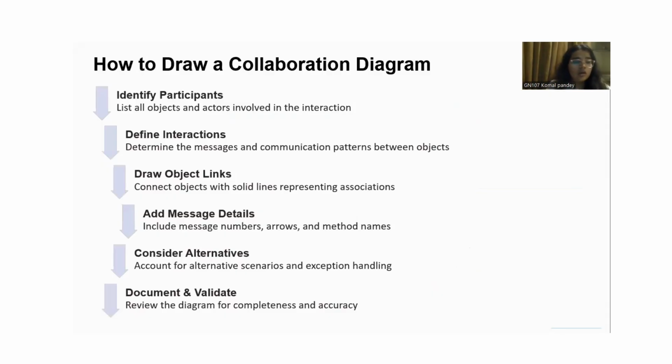Moving on, now let's see how to draw a collaboration diagram and where it's useful. The steps to draw are as follows. First, we have to identify objects: figure out the objects, modules, or actors in the system. Next, we see how these objects interact to complete tasks and identify the messages they send.